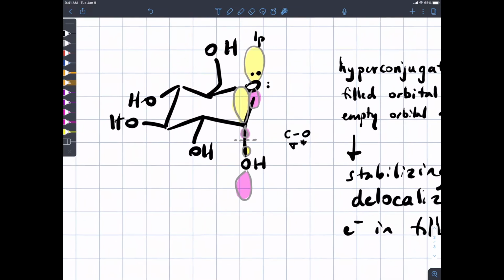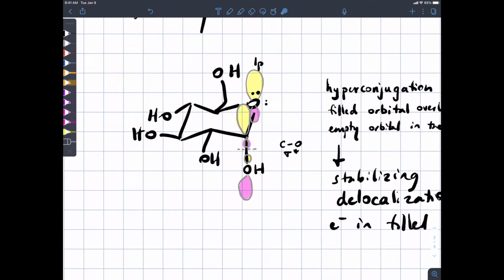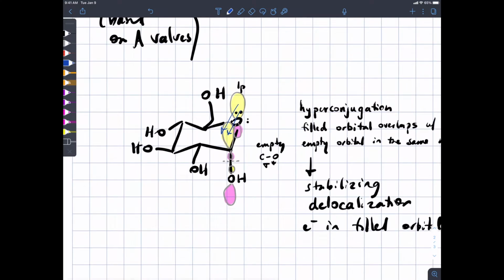But in any case, when we have the alpha anomer, this is the sigma star, the antibonding orbital associated with this carbon-oxygen bond, and it is empty. When you have the alpha anomer, the sigma star is pointing in the right direction for electrons on the oxygen to spread out a little bit into that sigma star. Okay? So the key concept here is that in the alpha anomer, the lone pairs on the ring oxygen get to delocalize a little bit, and that's stabilizing.